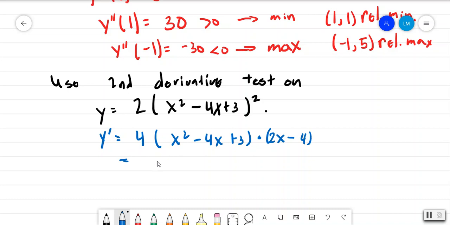Now notice that if you move things around, this becomes 8 times (x minus 1) times (x minus 3) multiplied by (x minus 2).